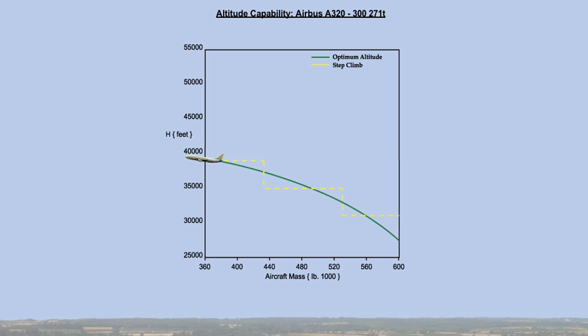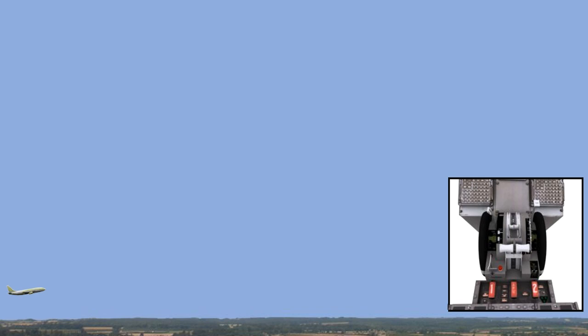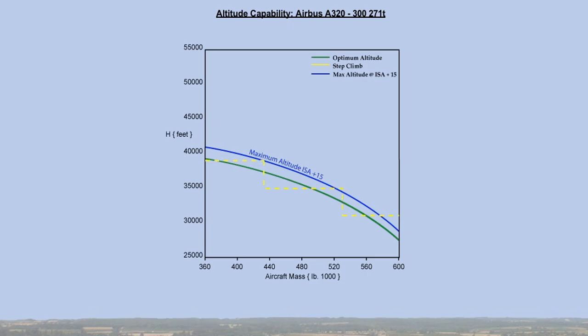However, there is a limit to how high the aeroplane is permitted to operate or able to operate. As the aeroplane altitude increases, the thrust that is required to maintain a given speed increases. Eventually, there will be an altitude where the thrust is increased to its maximum cruise value, and it would not be possible to climb any higher without exceeding the thrust limits. This altitude is called the maximum altitude, and is shown on the illustration.